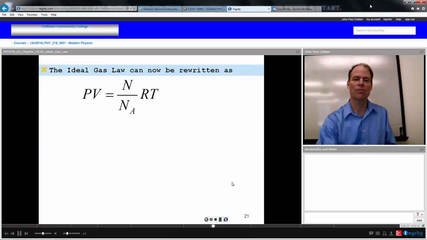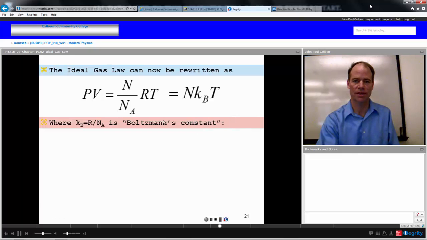So we can now rewrite the ideal gas law as PV is equal to little n RT, where little n, number of moles of the gas, is the total number of molecules divided by Avogadro's number.